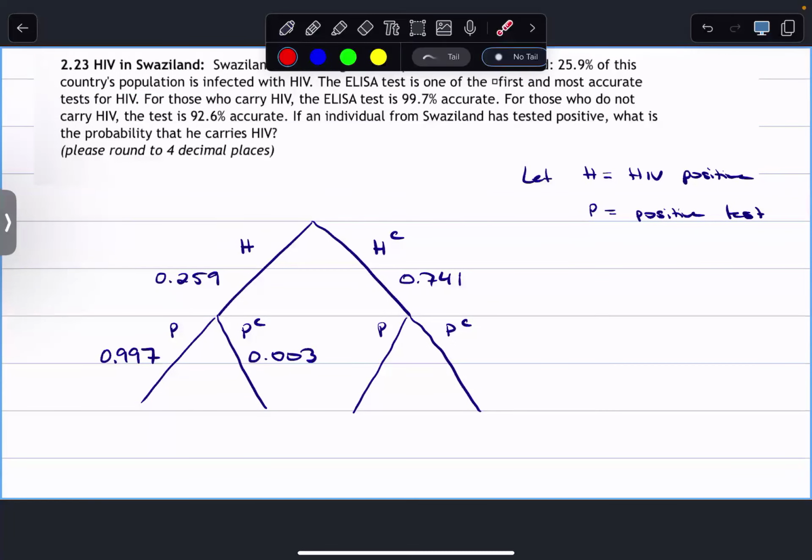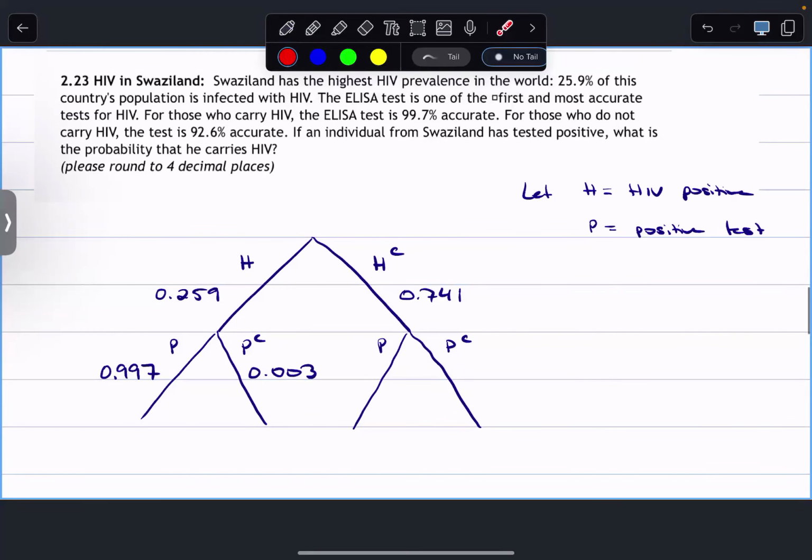Let's see here. For those who do not carry HIV, the test is 92.6% accurate. Usually that happens because it's better to have someone who actually has it test positive. It's better to catch that than to say, oh no, you're fine. And so there's often this trade-off, especially in medicine. If you don't have it, 92.6% accurate.